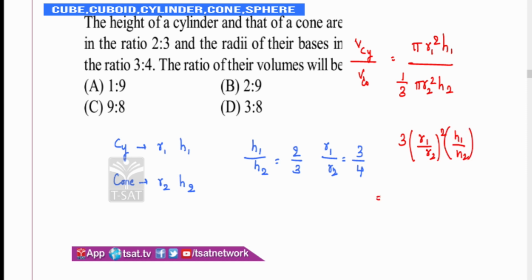R1 by R2 whole square is 9 by 16. H1 by H2 is 2 by 3. 3 cancels again. So 2 ones are 2, 2 eights are 16, so 9 is to 8 is the ratio of the volume of cylinder to the volume of cone.